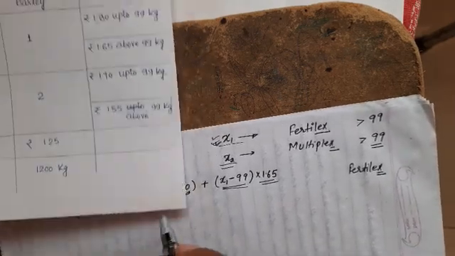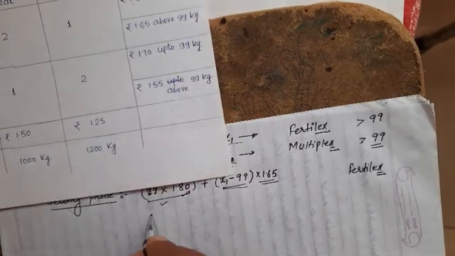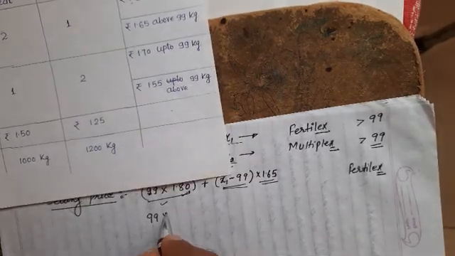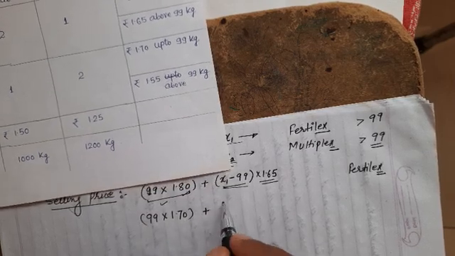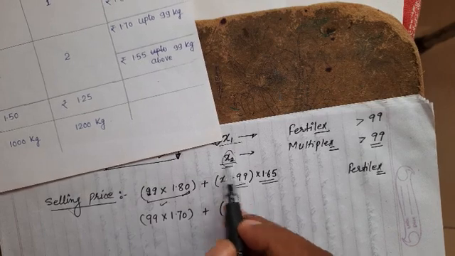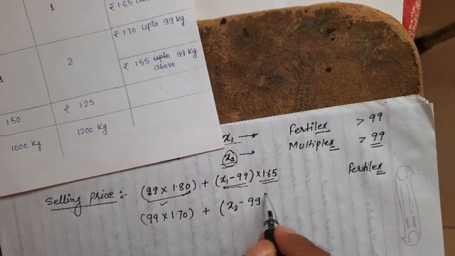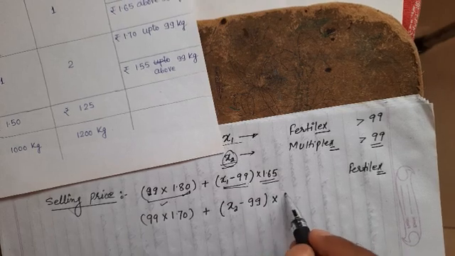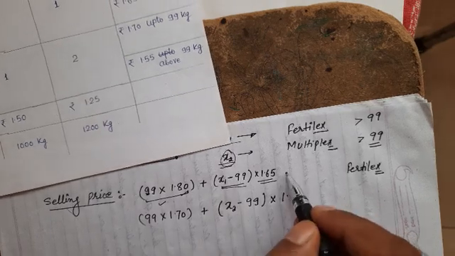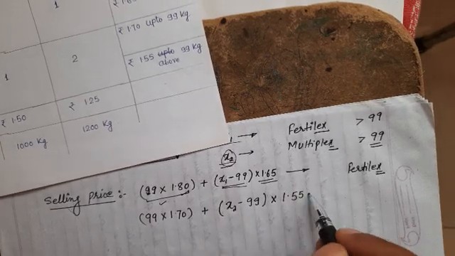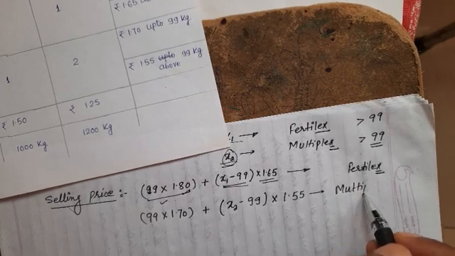Similarly, I can write the selling price for Multiplex. For Multiplex, up to 99 kg its price is 1.70, and plus beyond 99, the quantity is x2, so x2 minus 99 is sold at the rate of 1.55. So this is the selling price for Fertilex and this is the selling price for Multiplex.